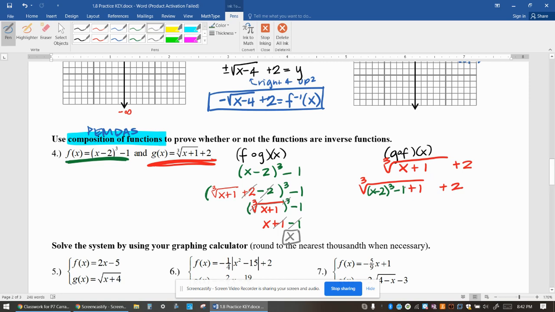So I need to simplify what's inside first. Some of you guys canceled the root with the cube in there, but you can't do that unless the cube is the only thing that's left inside of the root. So just like you can't square root until x squared is by itself. Okay? So you can't cube root unless there's only a quantity cubed inside the root.